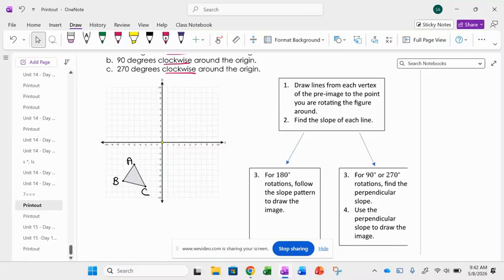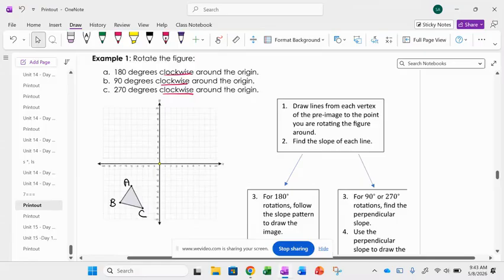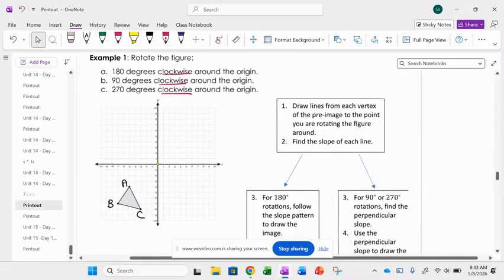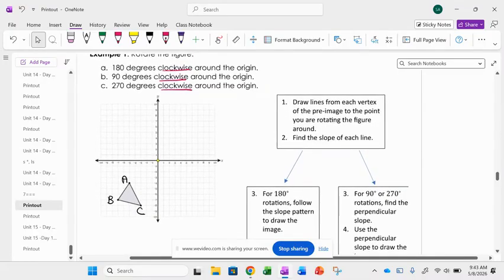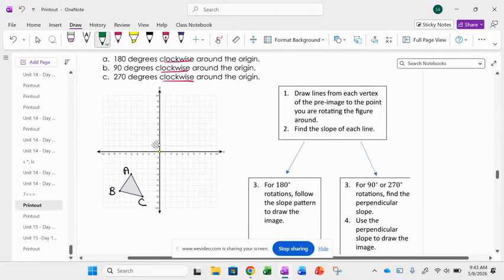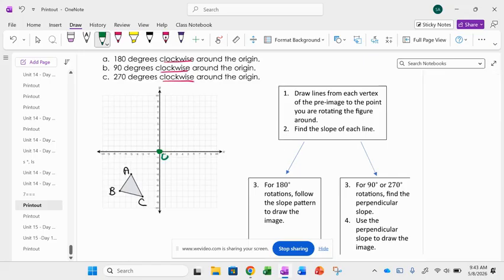The center of rotation in all of these is what? It says 180 degrees around the origin, 90 degrees around the origin, 270 degrees around the origin. So our center of rotation is the origin, which I'm going to call point O.